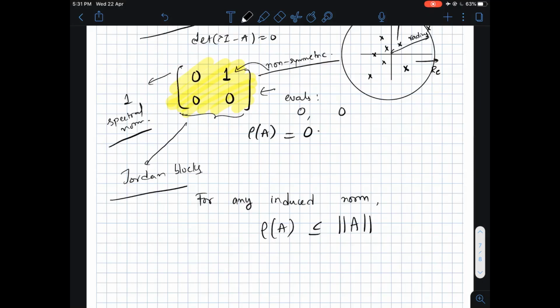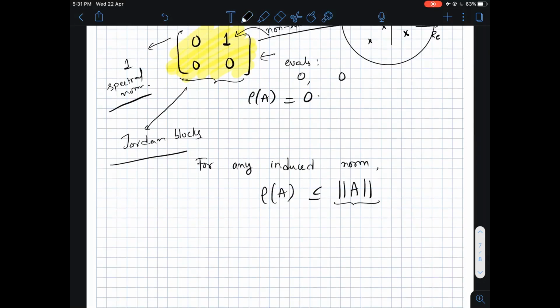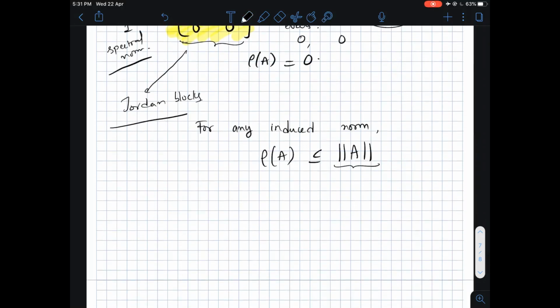So the spectral radius of a matrix will always be less than or equal to the norm of a matrix. In some sense, the norm serves as an upper bound on the spectral radius.